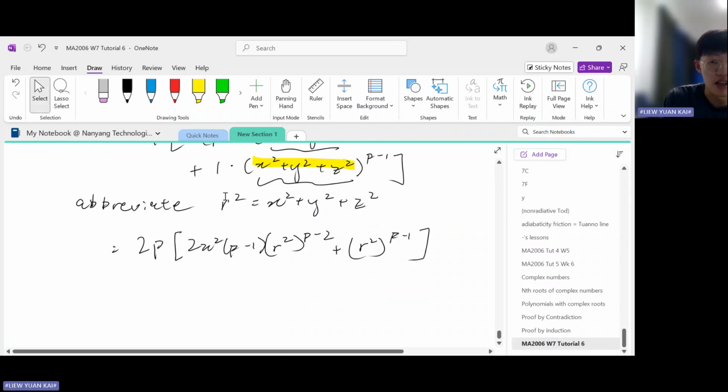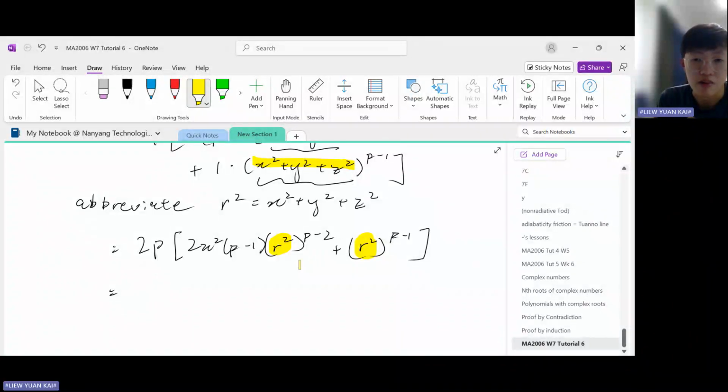Okay, what am I going to do next? What I'm going to do next is factorize. The common factor is this and this. So what do we factorize, r squared to the power of p minus 2 or r squared to the power of p minus 1? The answer is you factorize out the one with the smaller power.